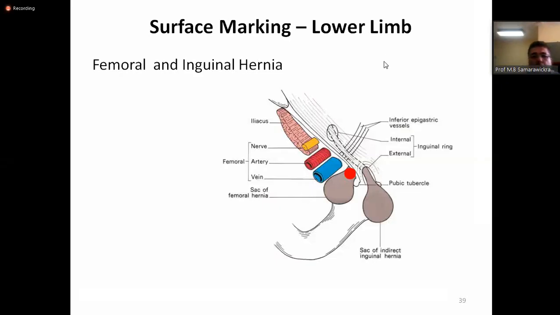The neck of the inguinal hernia lies above and medial to the pubic tubercle, and the femoral hernia neck lies below and lateral to the pubic tubercle.